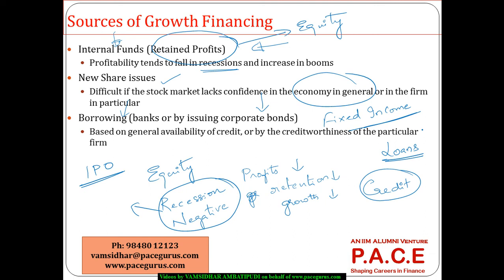And apart from the general economic availability of credit, individual creditworthiness also plays an important role. To what extent each individual company is really worth, what is the kind of paying back potential associated with each individual firm.